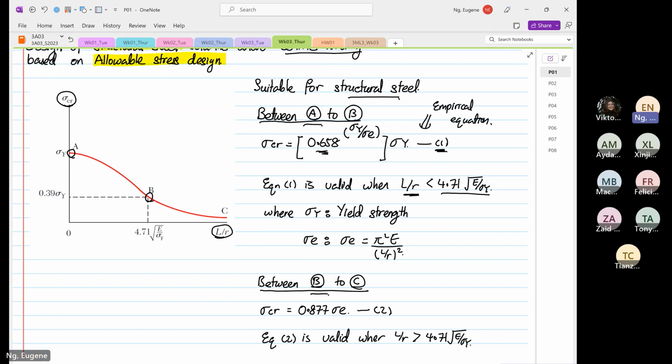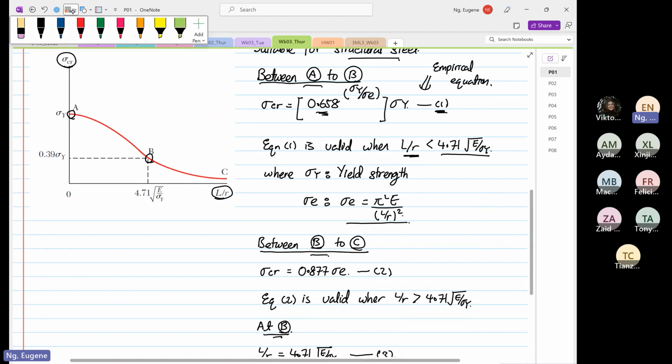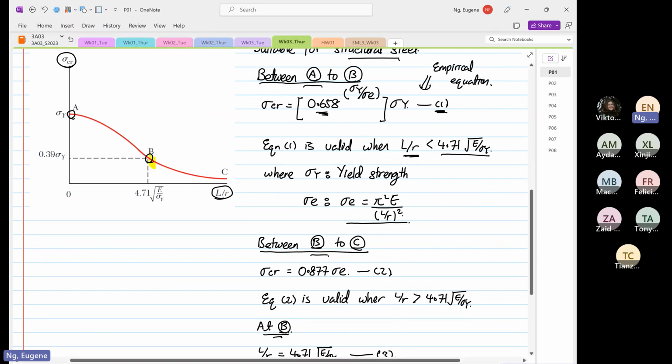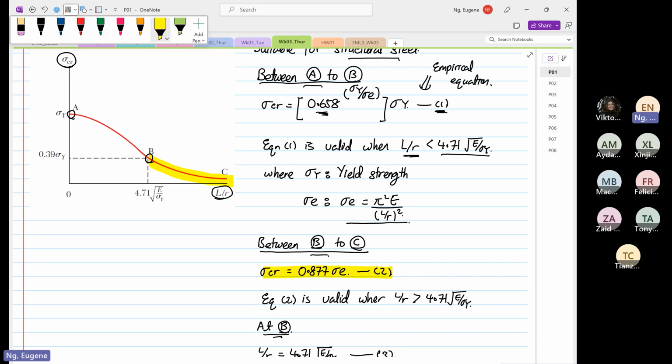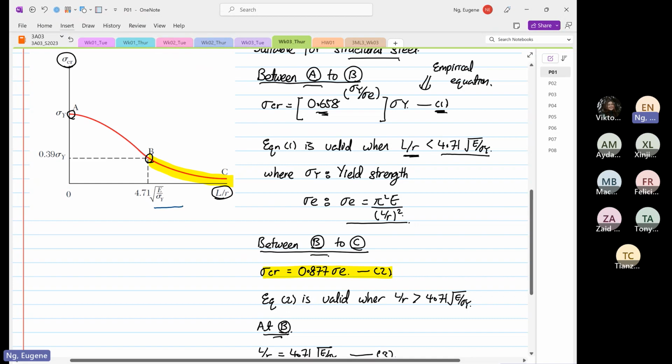Now, this is the equation for stress E. The next one is between B to C. So now we are looking at this range. We have to adopt equation number 2, where critical stress is equal to 0.877 stress E. Equation number 2 is only valid when the L over r ratio is greater than 4.71 square root of E over stress Y in this region.